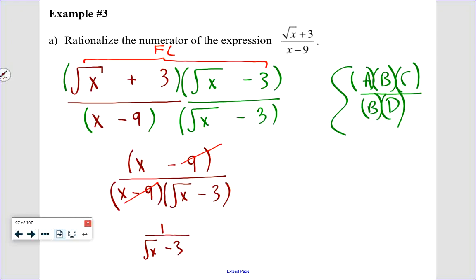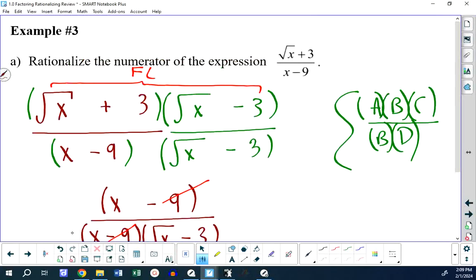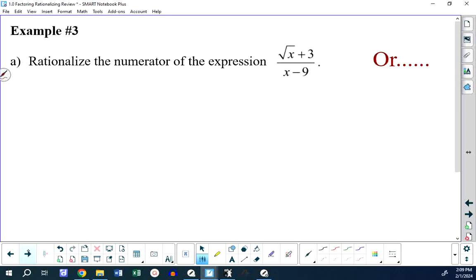If our job was solely to get to this point because we can use this for some purpose, then we didn't have to pull out the rationalization tool. We could have pulled out the factoring tool. This isn't always going to be the case. But I could have said, you know what? X minus 9 is a difference of squares.